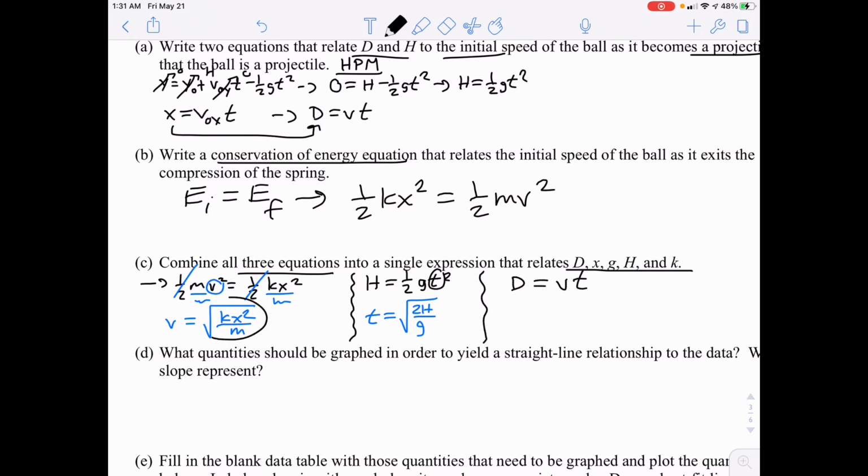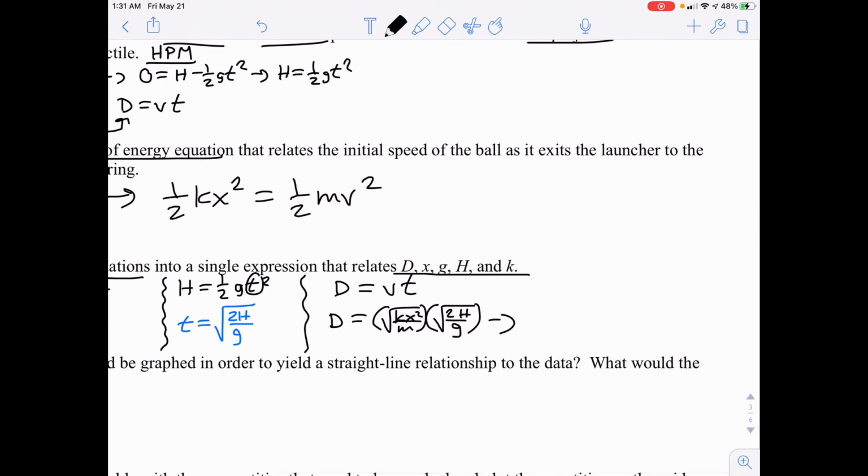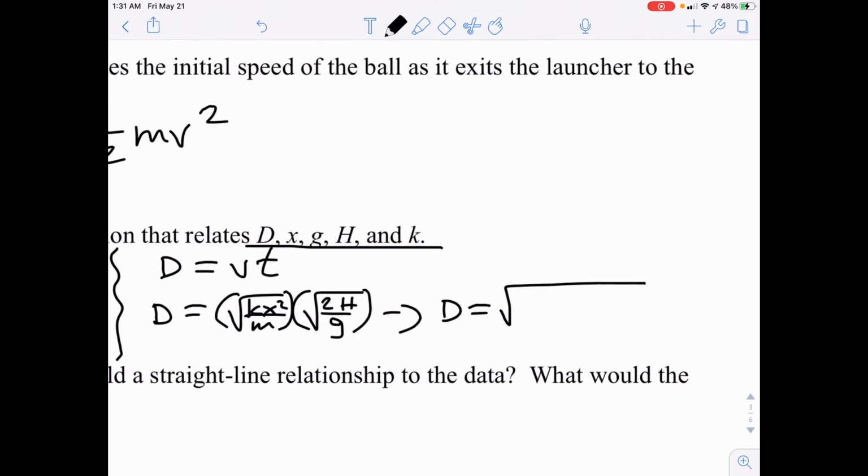Well, here's your v, the square root of kx squared over m, and there's your t, the square root of 2h over g. Put that together, a radical times a radical, you just put all that stuff under the radical, and the distance of the projectile d is the square root of, I'm going to pull that 2 out in front, 2khx squared over the mass times g.